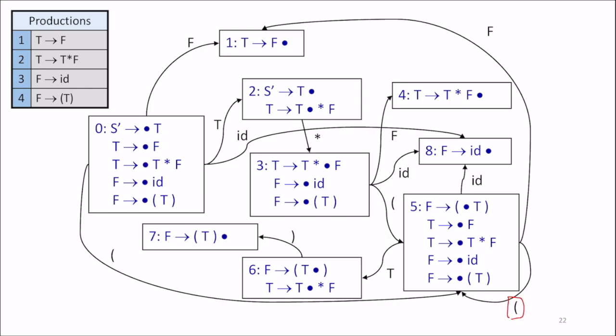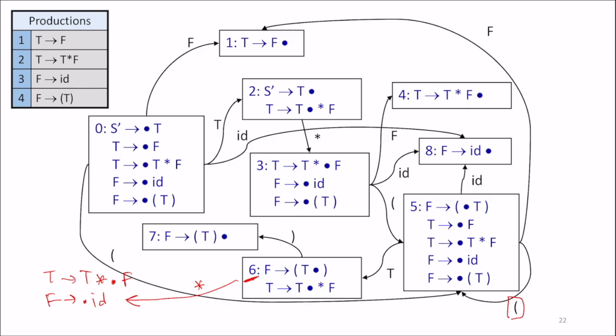So we're getting close to the end now. Let's go to state 6 and ask the question, what happens on a successor on the multiplication operator? What I would get is T goes to T multiplication dot F, F goes to dot id.